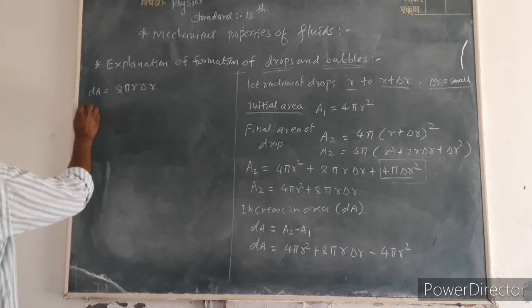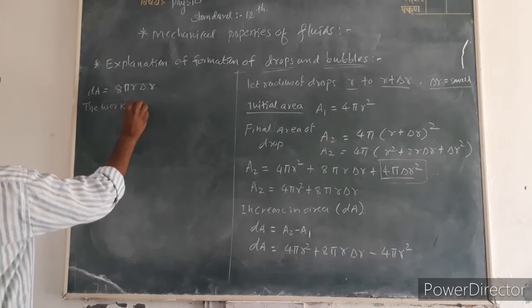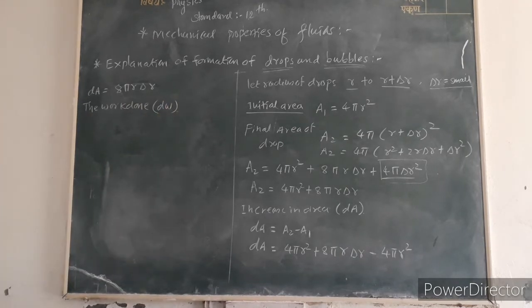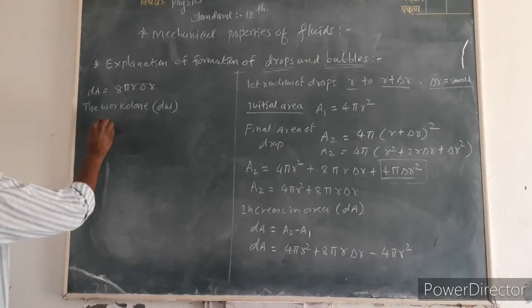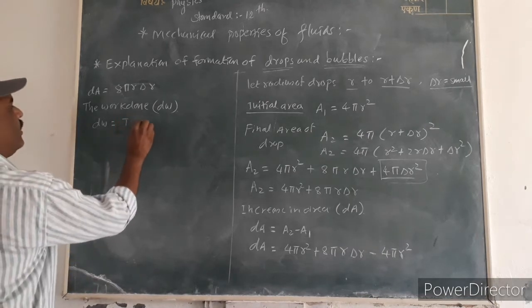Hence, the work done dW due to the area increase is given by, using the relation between surface energy and surface tension, or work done and surface tension, dW is equal to T into dA.